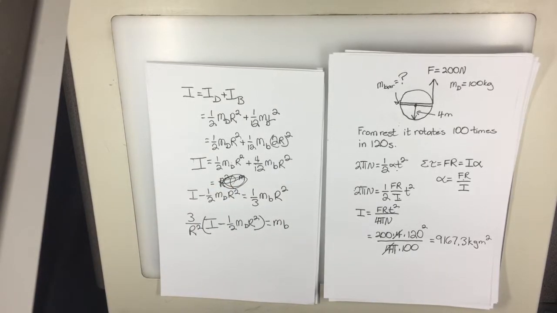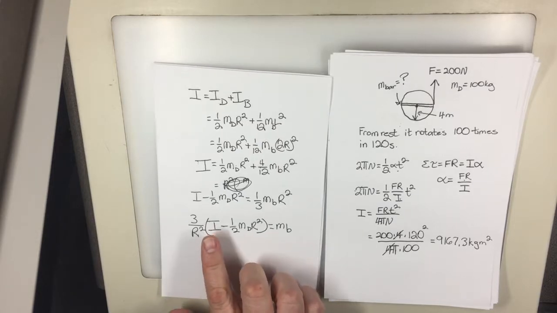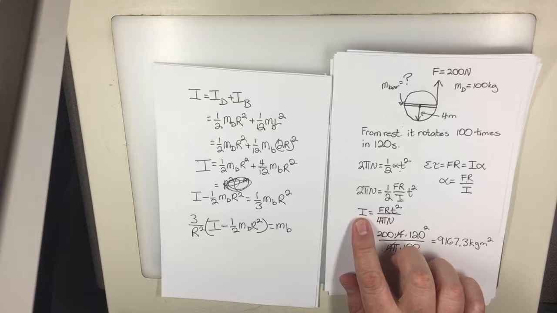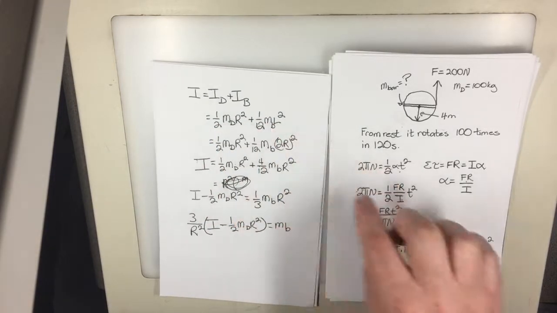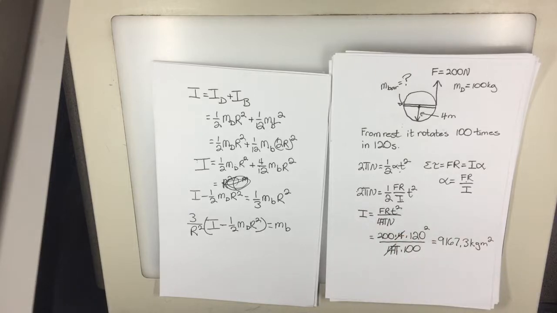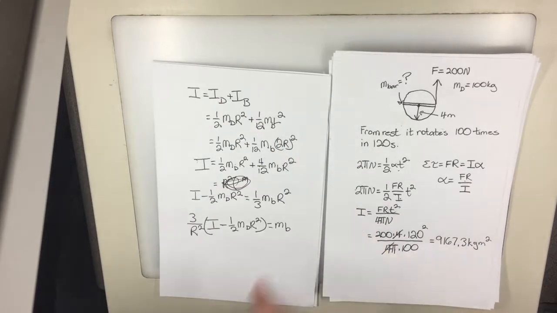So the rest is just algebra. But using our knowledge that the moments of inertia add up, much like standard mass, we're able to algebraically manipulate it. There are times where I take this I, and I know that this I is this, and then solve for m_b with all that around it. But that gets a bit cumbersome at times, especially for you guys. So that's why I solved for I and then went through it.